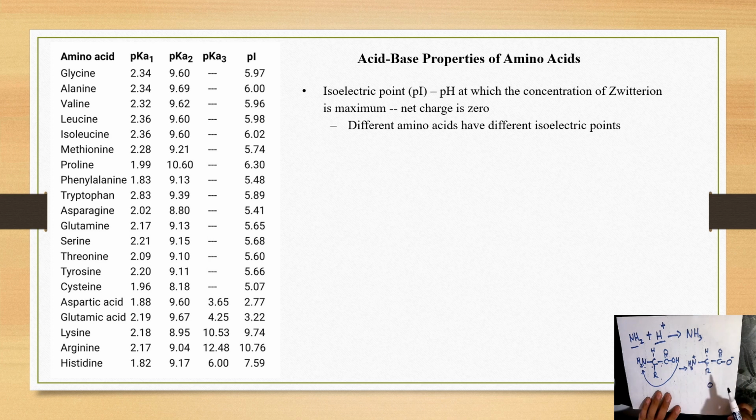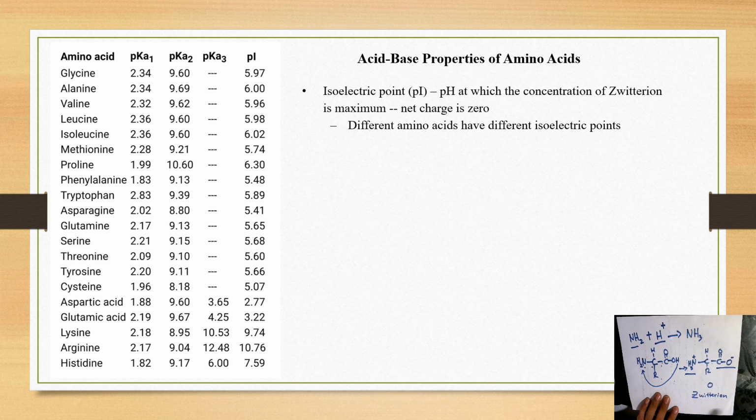When an amino acid is in this form, we call that zwitterion. Zwitterion, meaning doubly charged, or two charges, the positive and the negative. The net charge is zero, where the carboxyl group is negatively charged and the amino group is positively charged. This is the zwitterion form of the amino acid.